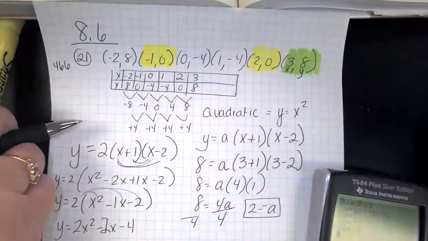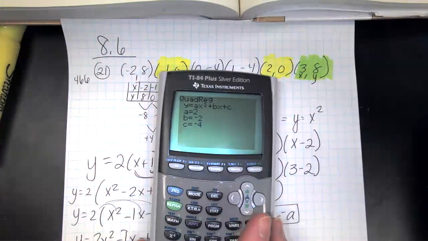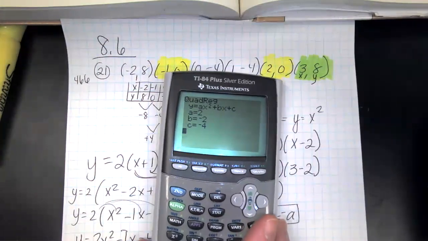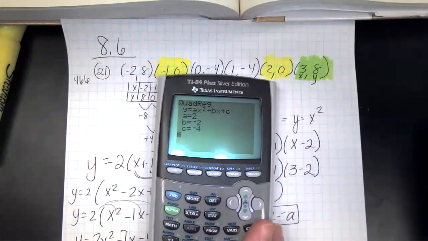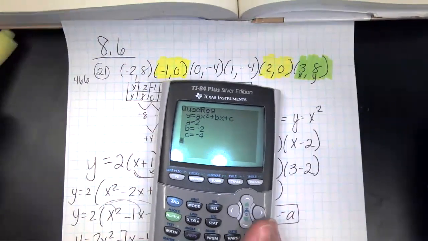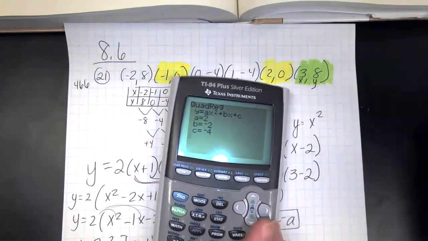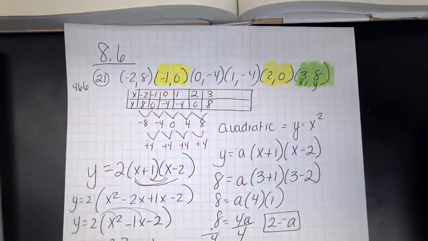But I wanted to show you. So that's how you can do it on your calculator, okay? Whether you're given a quadratic or not quadratic, whether you're given the intercepts or not. How about that? Okay. All right, let's do another one.